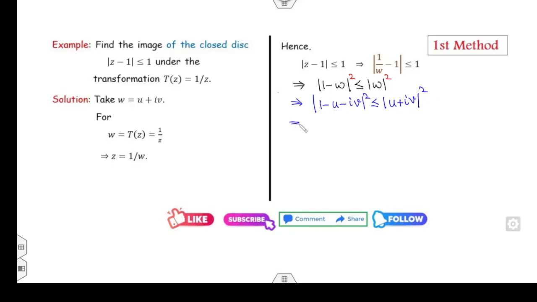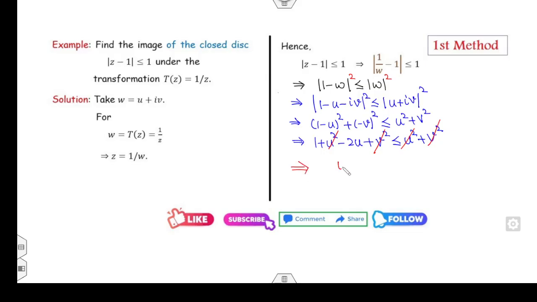I can apply the property of complex numbers, the real component plus the imaginary part, which is less than u square plus v square. You can open them: u square plus v square minus 2u plus v square, which is less than u square plus v square. Now you can cancel: v square cancels, u square cancels. That implies u is equal to half. So can you draw the graph of u is equal to half?